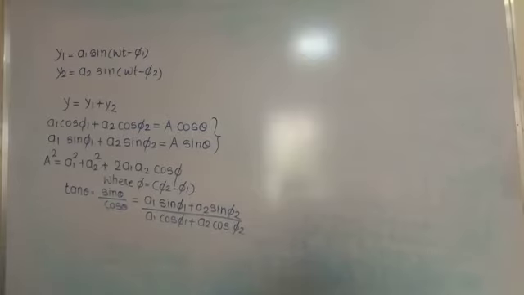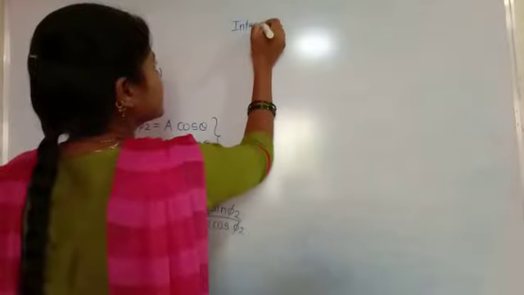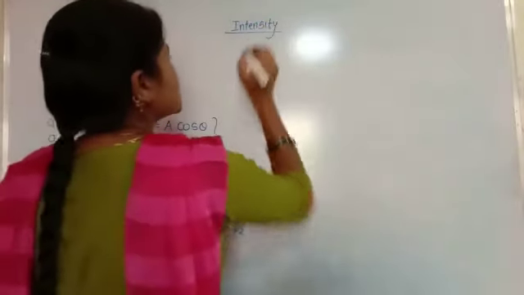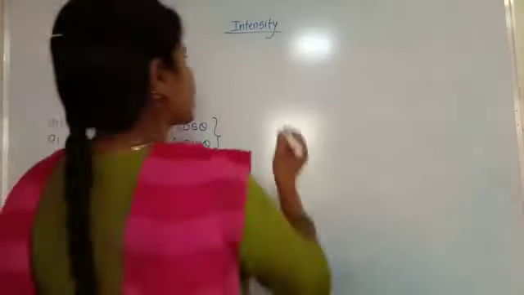We can calculate the intensity of the resultant light waves by using the relation: we know that the intensity I is directly proportional to A square. That means intensity is directly proportional to the square of the amplitude. Therefore I is proportional to A square.